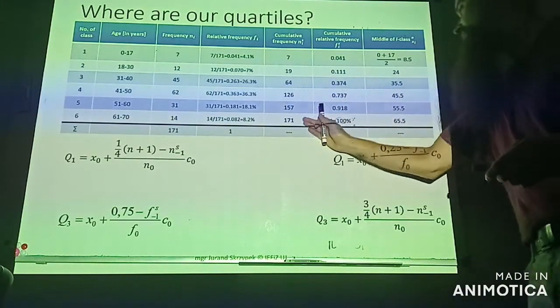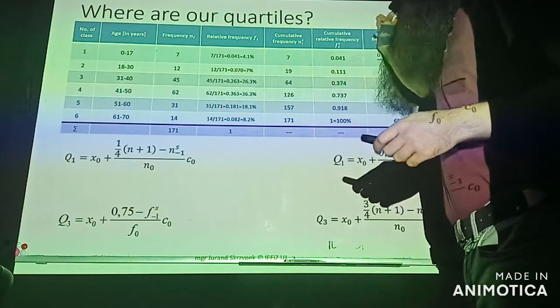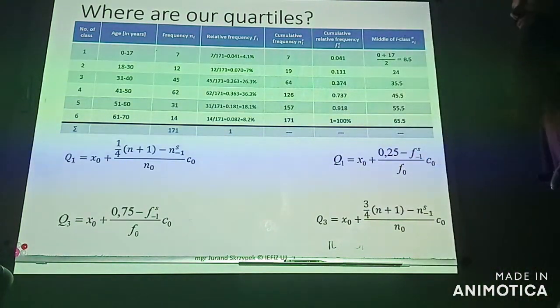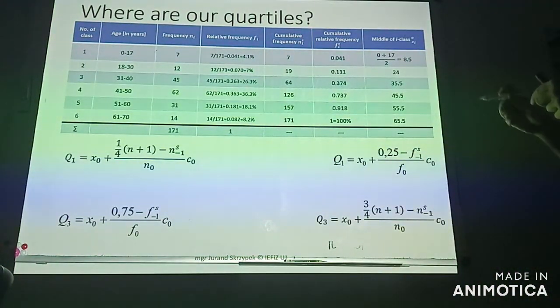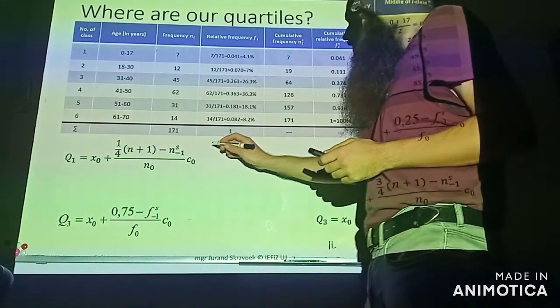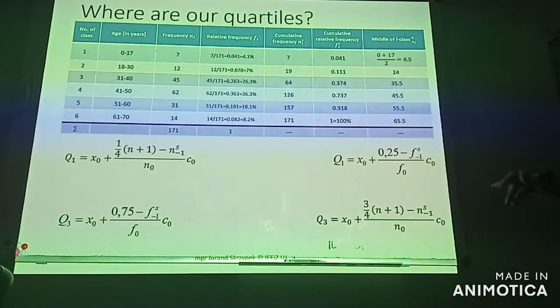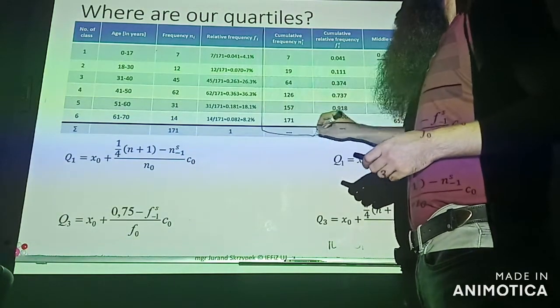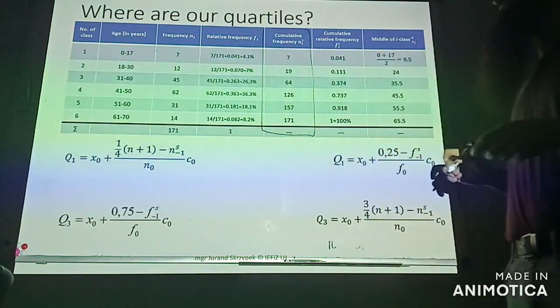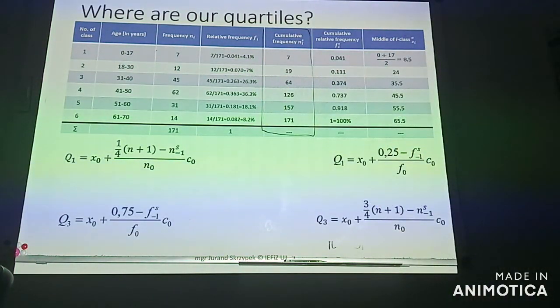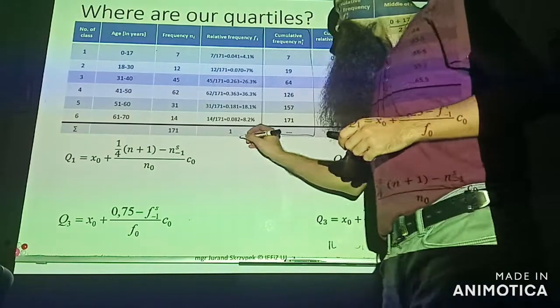Here we have the example. We know that the first quartile is placed in that class in which cumulative frequency, now let's use cumulative frequencies, exceeds a quarter of the population.